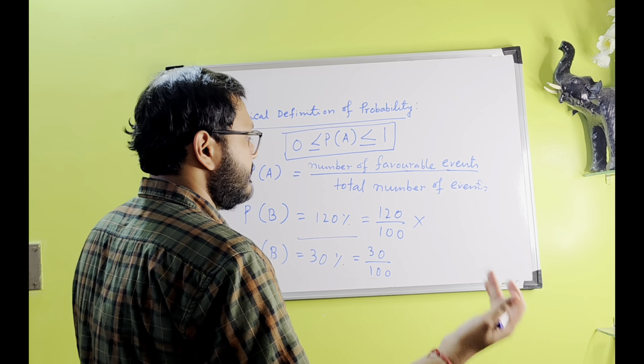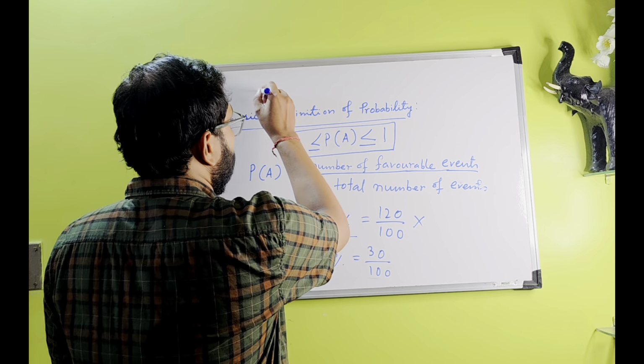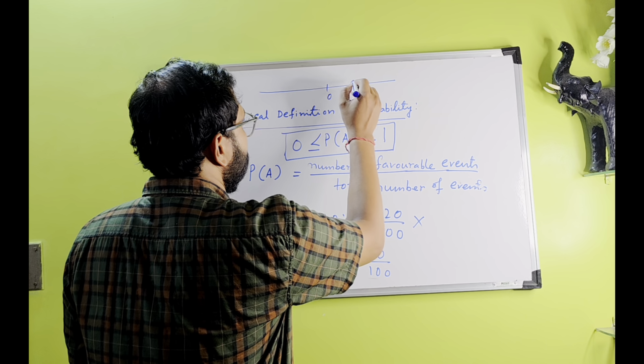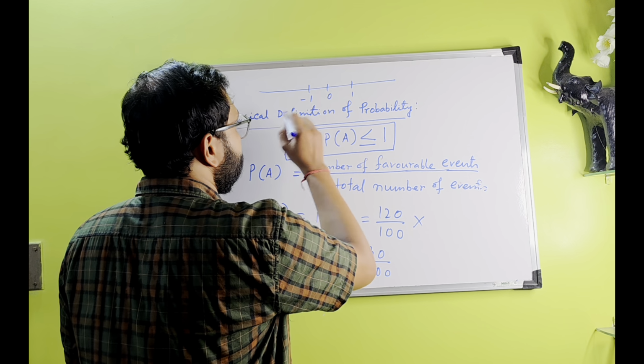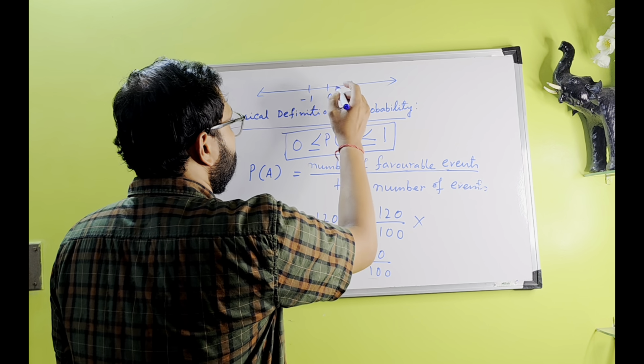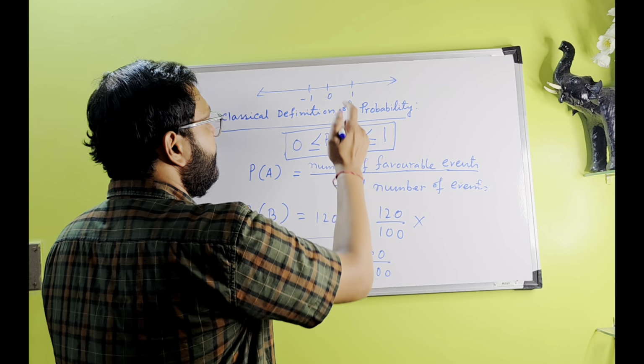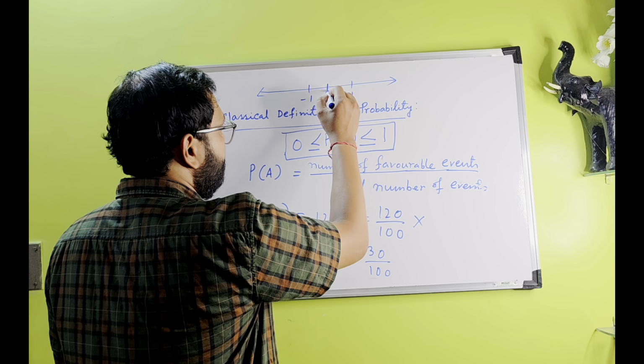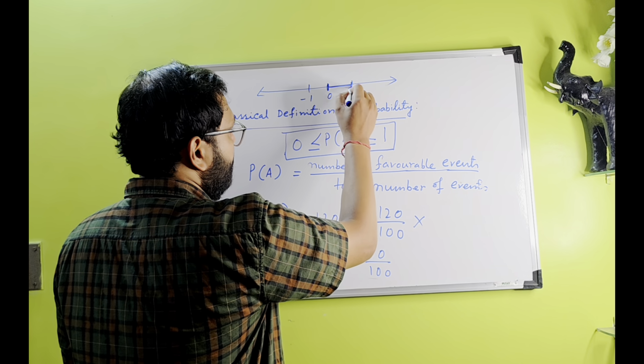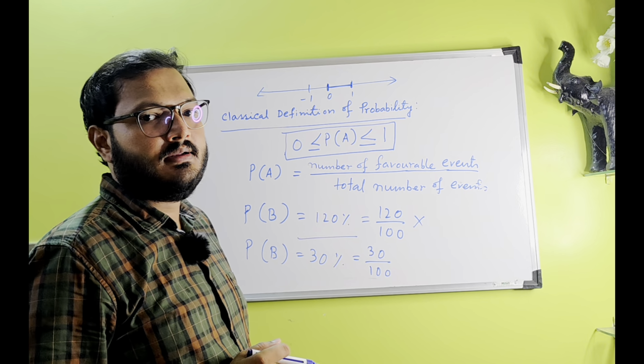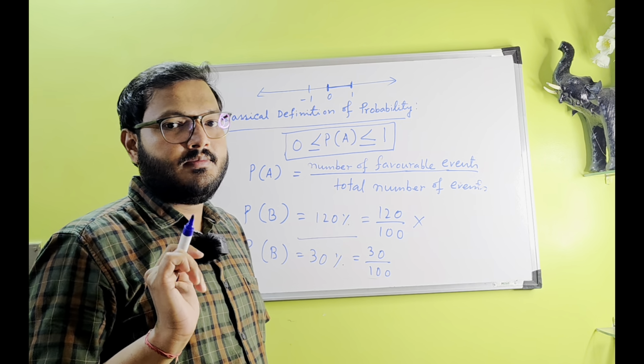On the number line, 0, 1, minus 1, the probability of any event always lies between 0 and 1. It cannot be any other place.